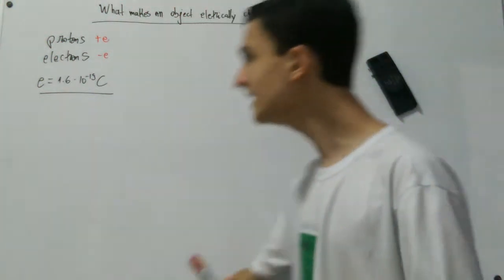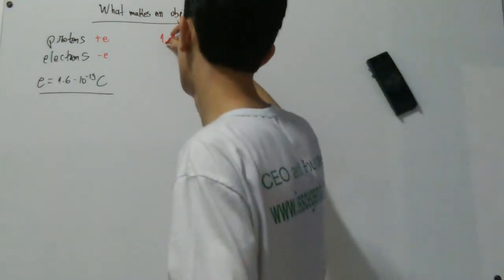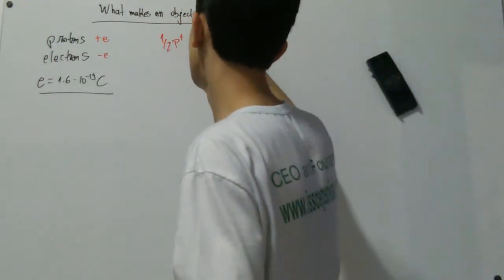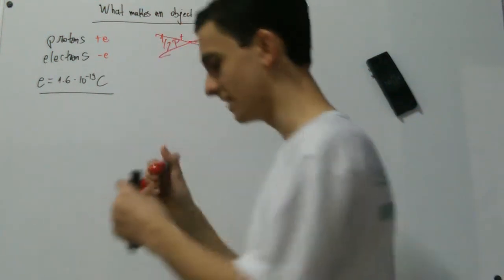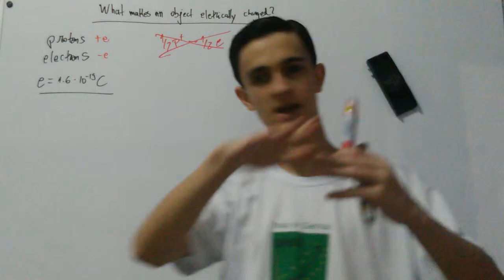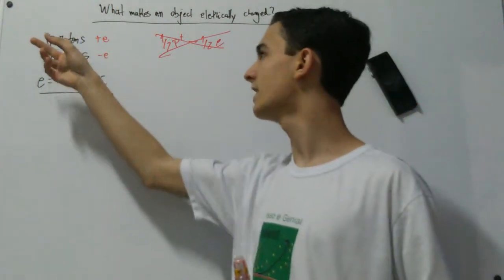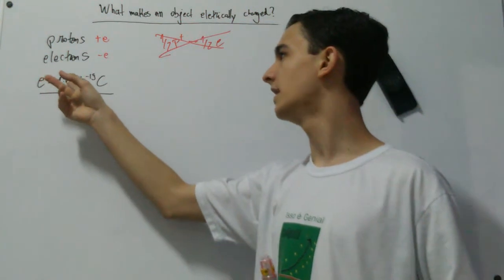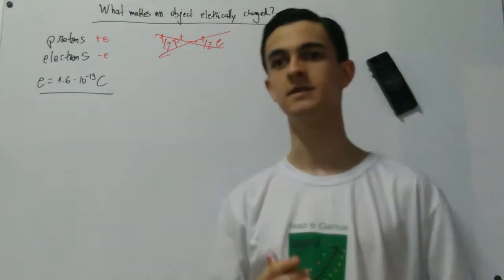Could we have half of a proton, and then a charge of half of E? No, this doesn't exist. For example, half of a proton would have positive 0.8 times 10 to the negative 19 coulomb. That doesn't exist.